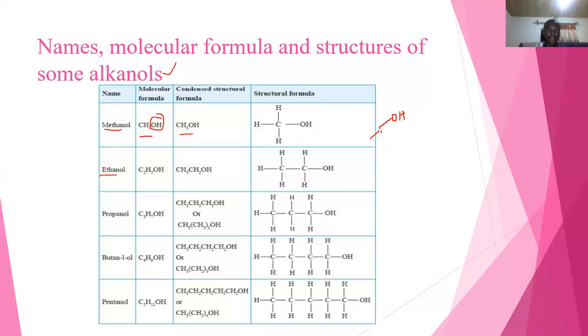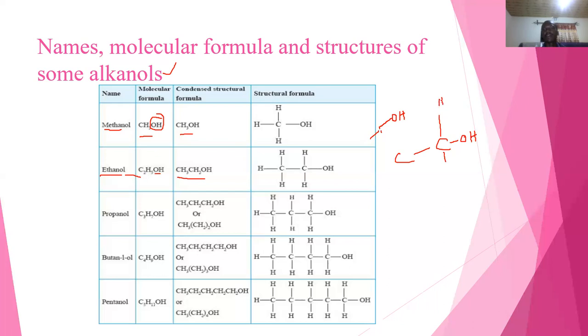Then we have ethanol, where one hydrogen has been replaced by the hydroxyl group, and that gives us this one. When we are drawing, we have 2 carbon atoms, and we have the functional group, the hydroxyl. Then we have another bond there.